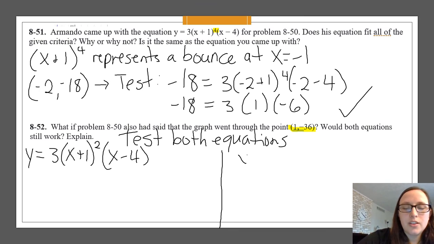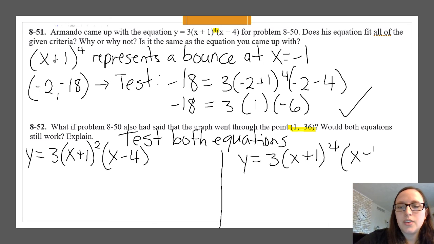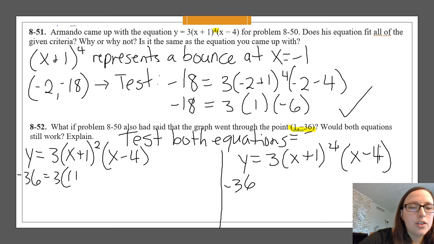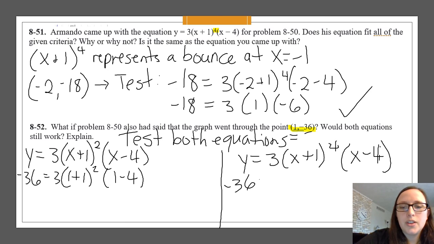And his is that 4th power right there. And so we're going to plug -36 in for both y's. And then we're going to plug in 1 for all the x's. So it's 1 plus 1 squared, 1 minus 4. This one is 1 plus 1 to the 4th power times 1 minus 4.